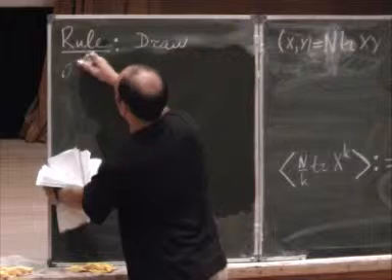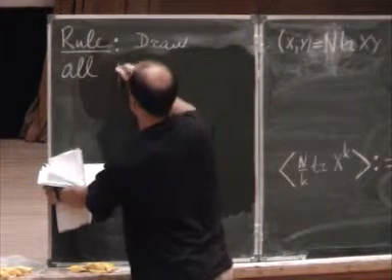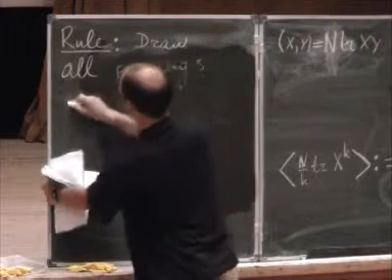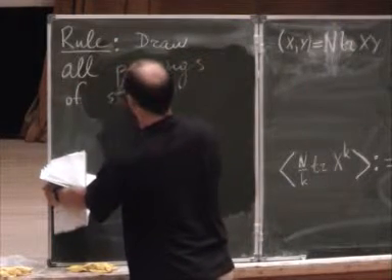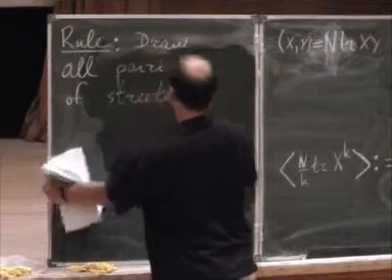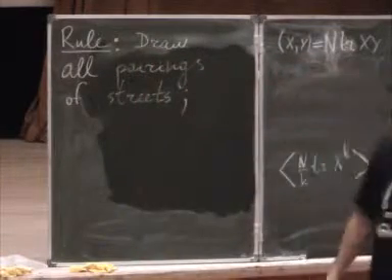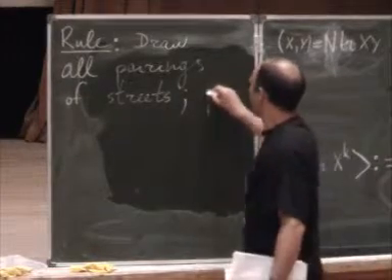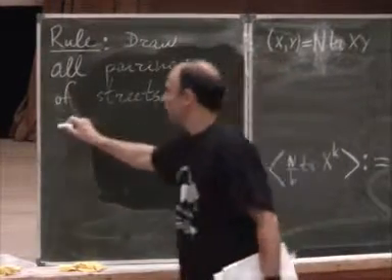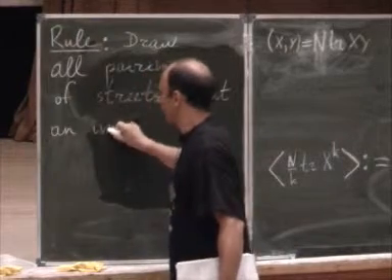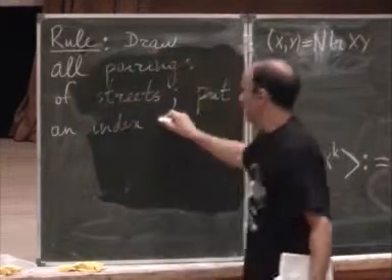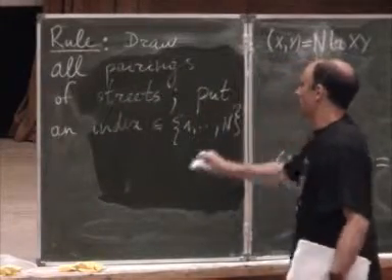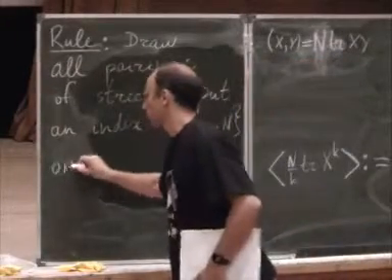Draw all pairings of streets. Put an index from 1 to capital N on every closed line.